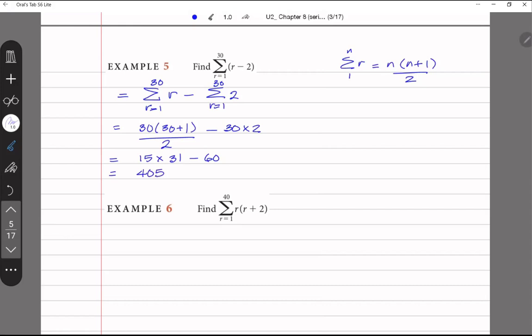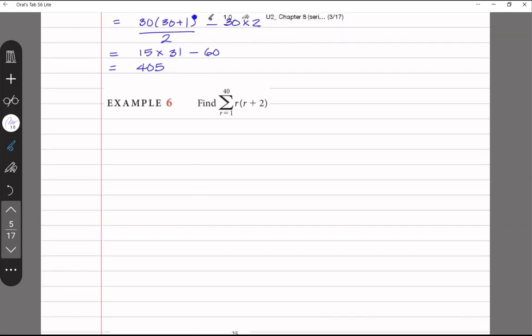Example 6, this is the same as saying the sum from r equals 1 to 40 of r squared plus the sum from r equals 1 to 40 of 2 times r.